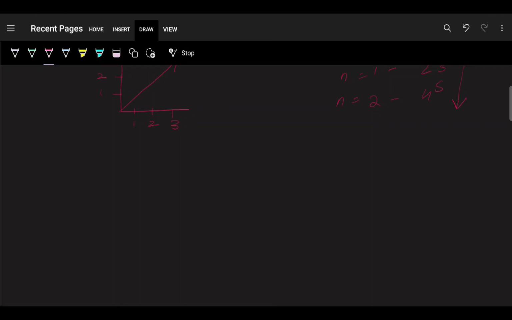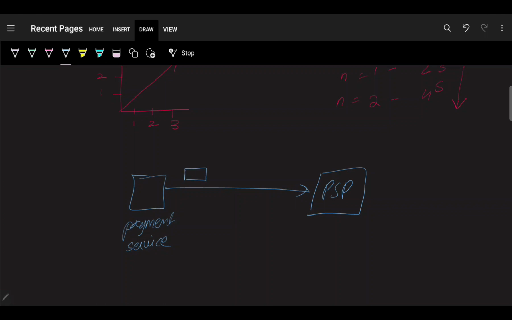So normally what happens is that if we have two components such as a payment service and here's your PSP again, and if your data has some bits of problems and for some reason it's not making through, then the best way is to sort of add it in a queue and let it wait.